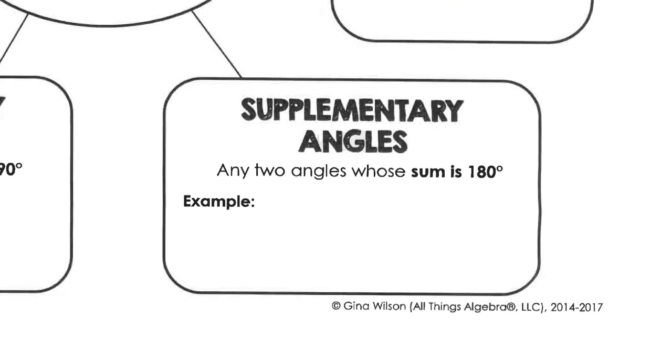Now let's move down here to supplementary angles. The key to supplementary angles that you have to understand is that the sum is 180. That means that they add up to equal 180. If we're looking at supplementary angles, it's going to look very similar to the linear pair.